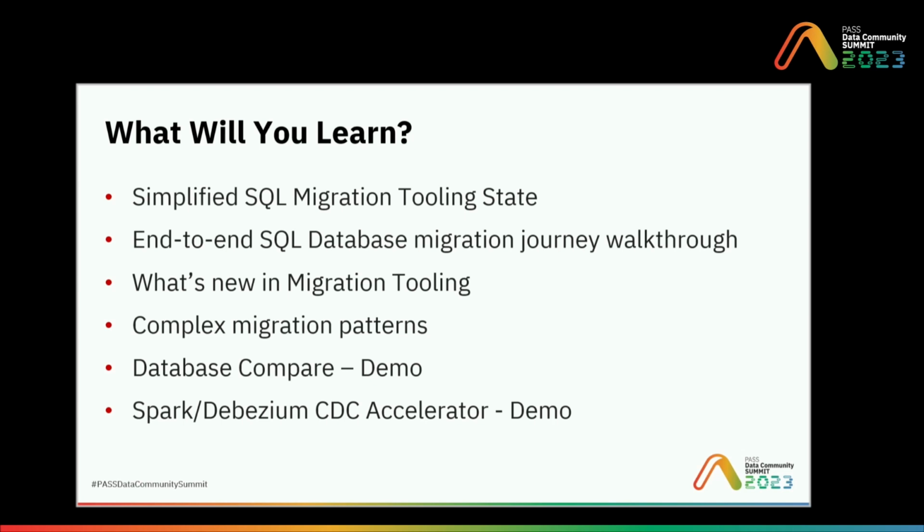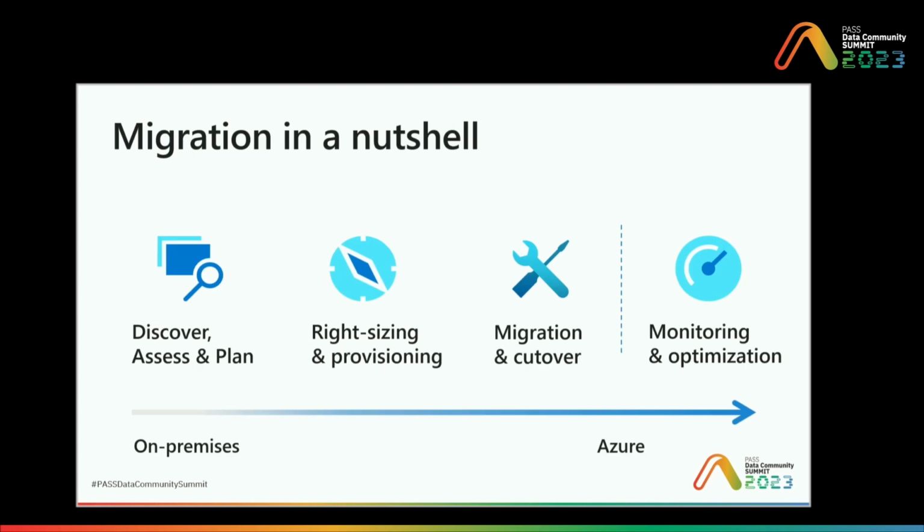There are areas where we need custom tools, custom solutions to modernize your stack. To ensure that we give you enough information about it, we have a session by Ravinder which talks about the complex migration patterns and the most frequently used custom IPs that Microsoft has developed to solve those complex migration problems.